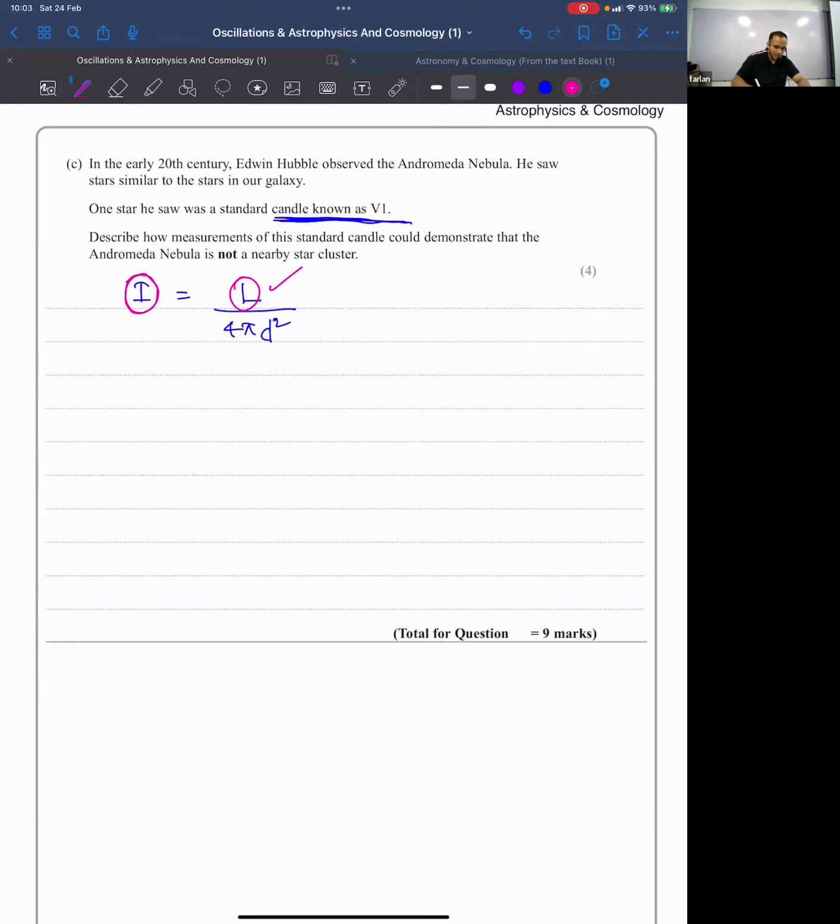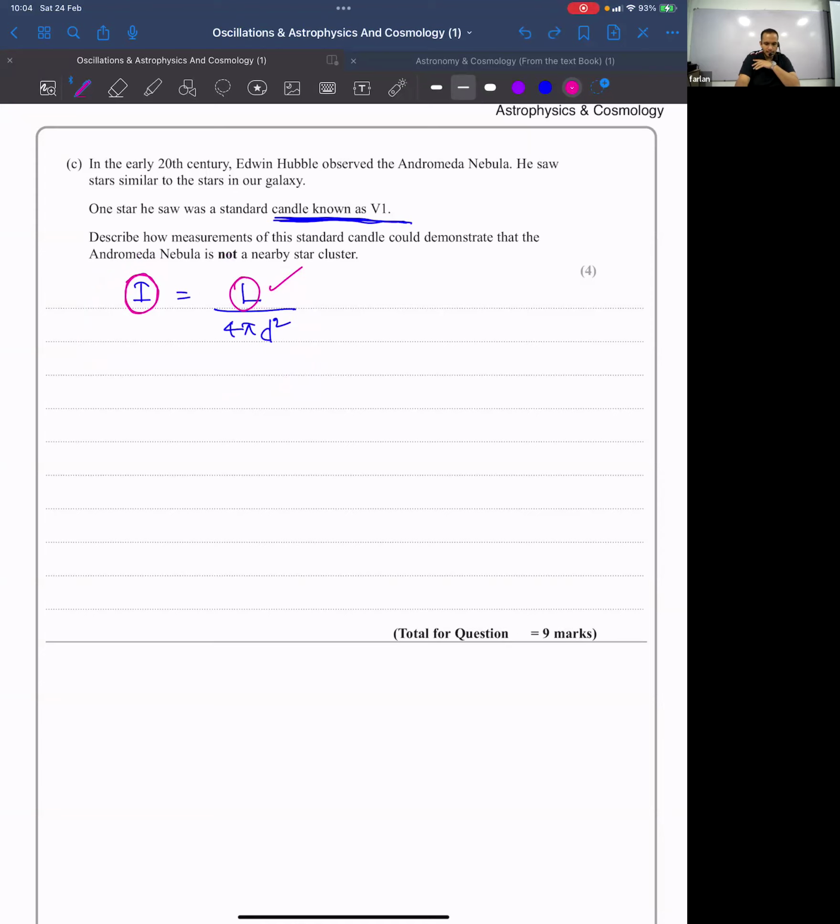And then by using this inverse square law, you can find the d. And then show that that distance is extremely large and that it is not a nearby star cluster. They should have some reference, so you don't have to decide on that. Okay. So write the answer.